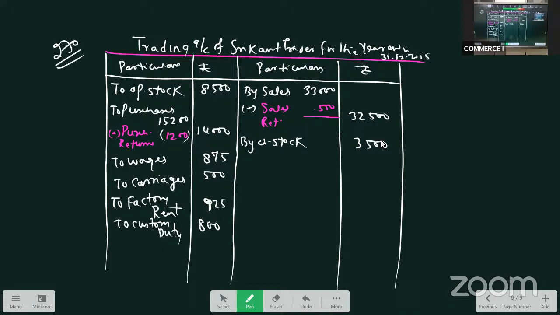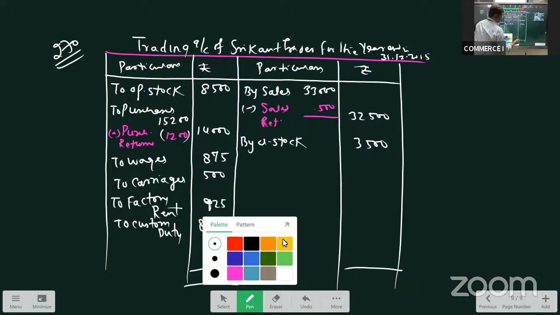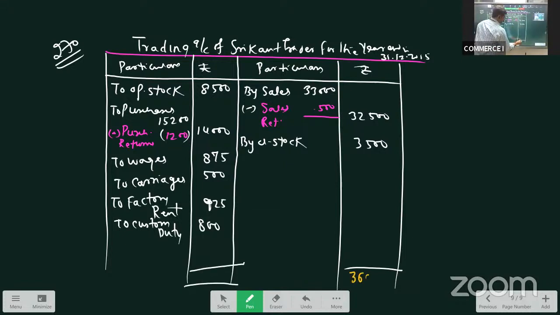Now let us see what is the result of this trading account. See which side is heavy? It is heavy on the credit side. What is the total on the credit side? It is 36,000. Right? Credit side total is 36,000. From that, deduct the debit side total.